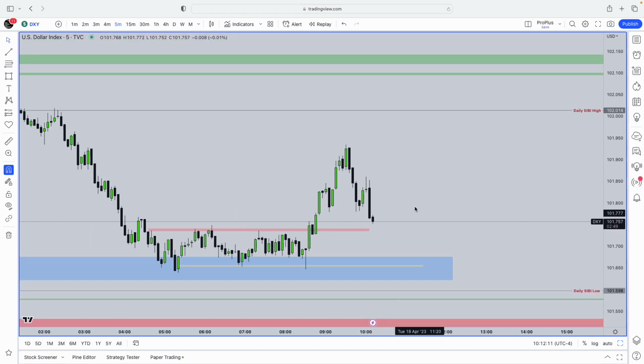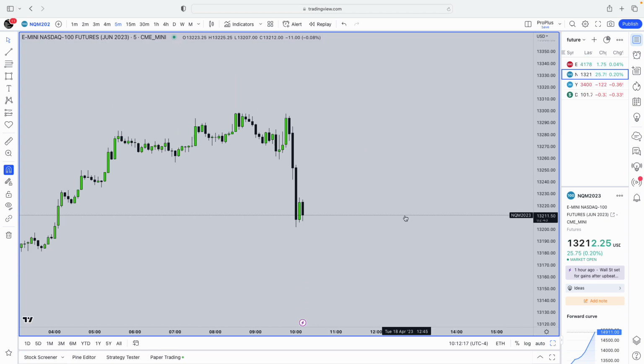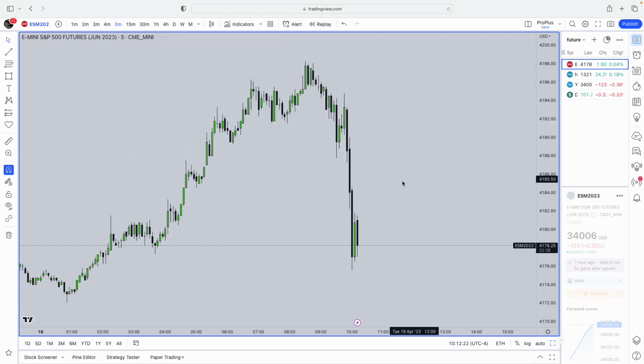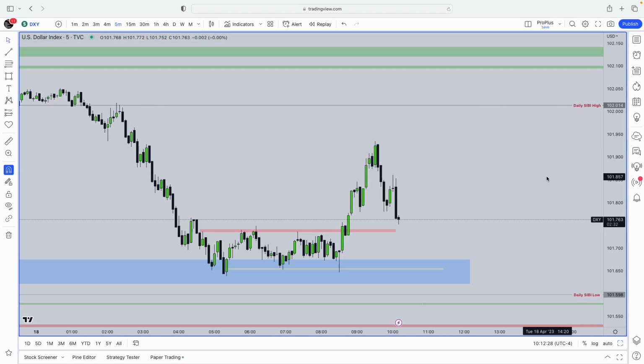So at the minute I'm just going to see if all the three pairs are running symmetrical or with similarities. So the Nasdaq's dropping, the Dow's been dropping, and the E-mini's dropping. So this should mean that the dollar is pushing up. So that's low resistance because they're all running the same.